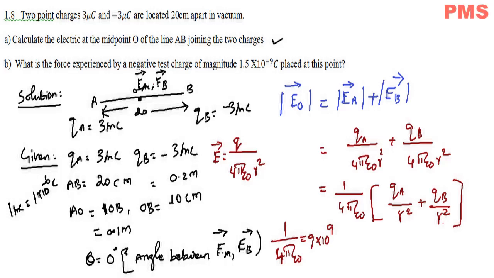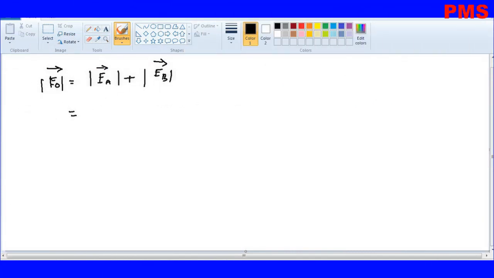We can find the electric field at the midpoint easily. Substitute 9 into 10 power 9 times the whole bracket: QA is 3 into 10 power minus 6 coulomb divided by 0.1 whole squared, plus the negative charge 3 into 10 power minus 6 divided by 0.1 whole squared.